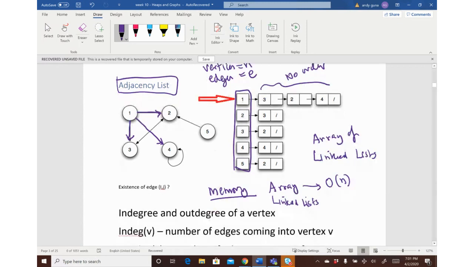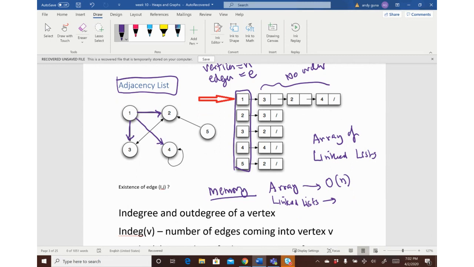Now the linked lists have nodes. How many nodes do we need to store? We said that the number of edges is e.